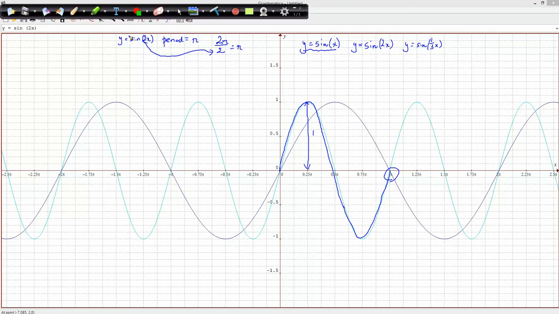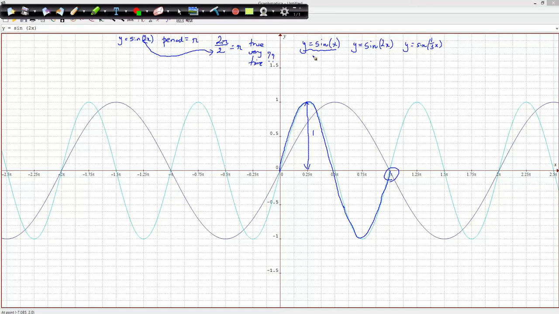Is that going to be true all the time? Is 2 pi divided by that number true every time? Let's test it for this one here.